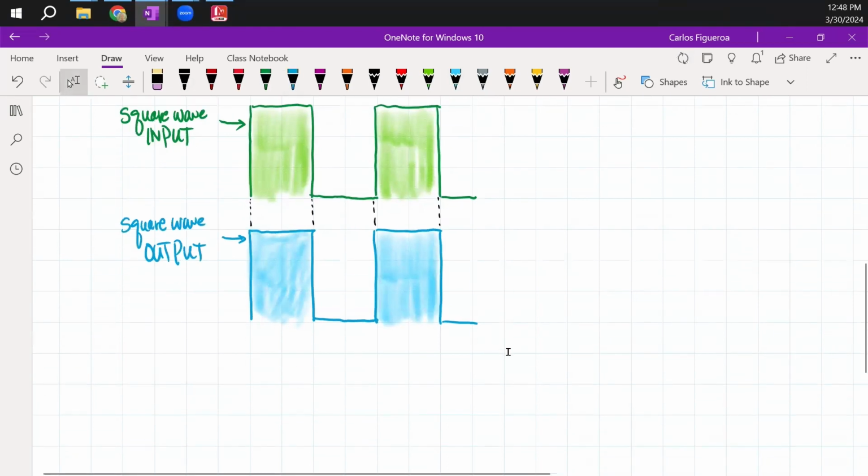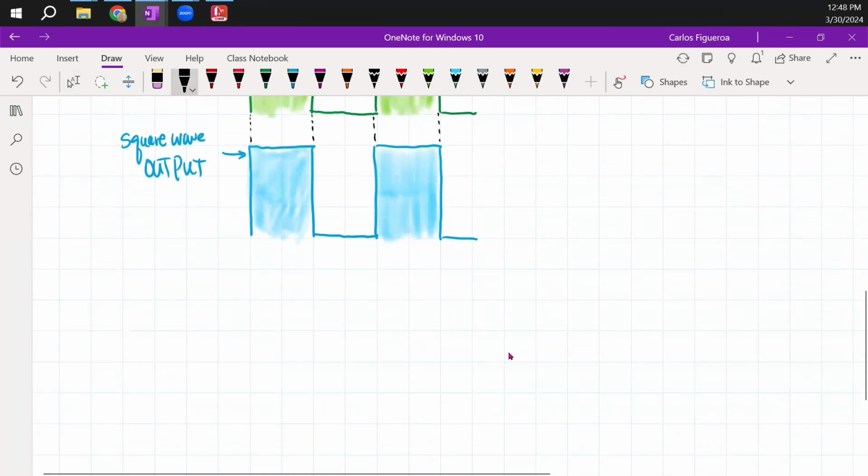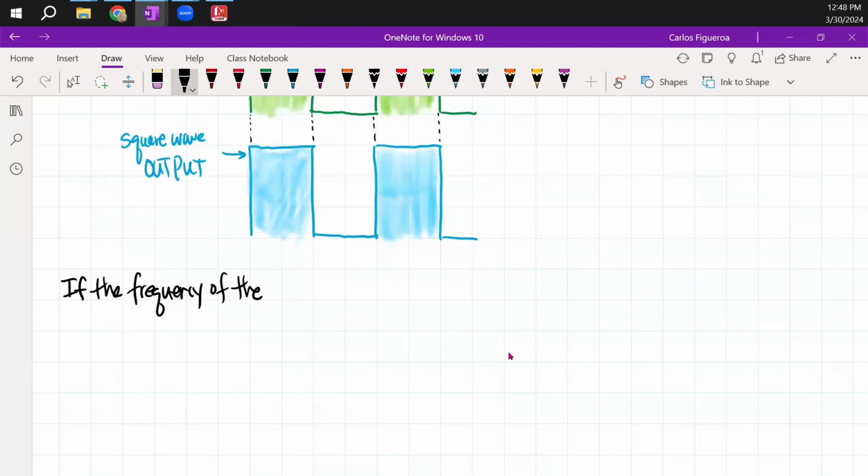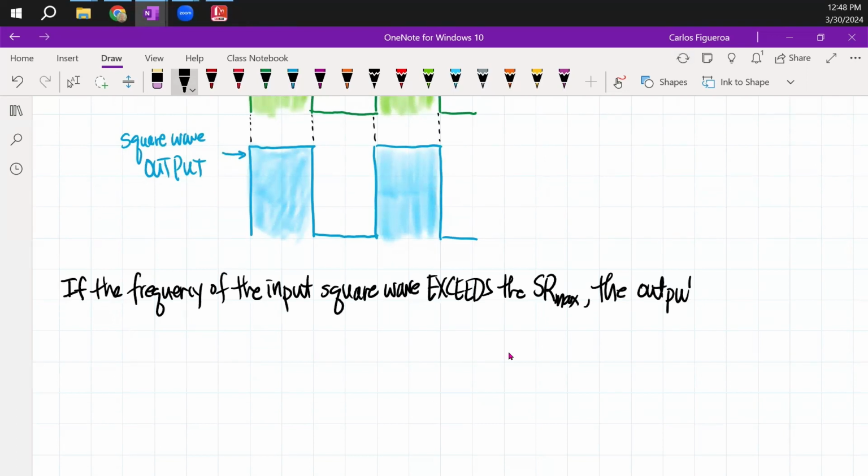Now, something changes here. If the frequency of the input square wave exceeds the max slew rate, the output waveform is distorted.